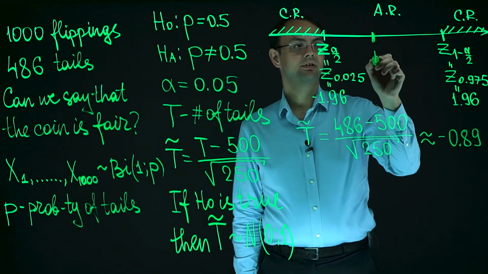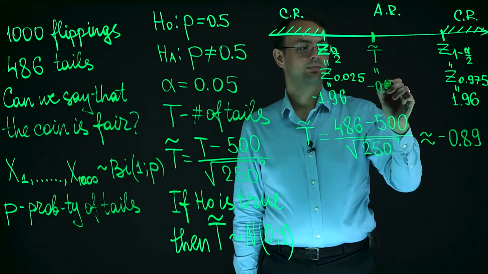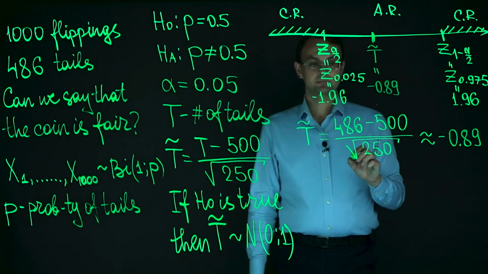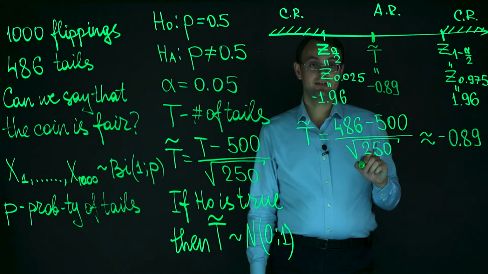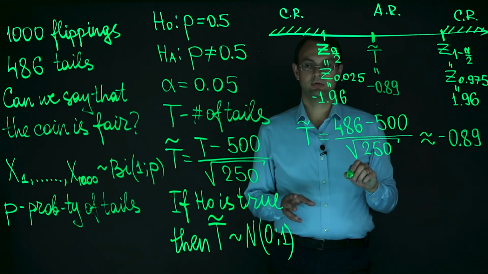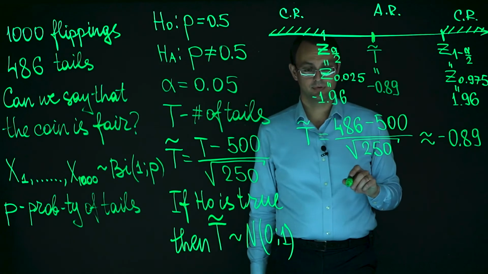T tilde is equal to minus 0.89. What does it mean? It means that we accept the null hypothesis, or in other words, we fail to reject the null hypothesis.